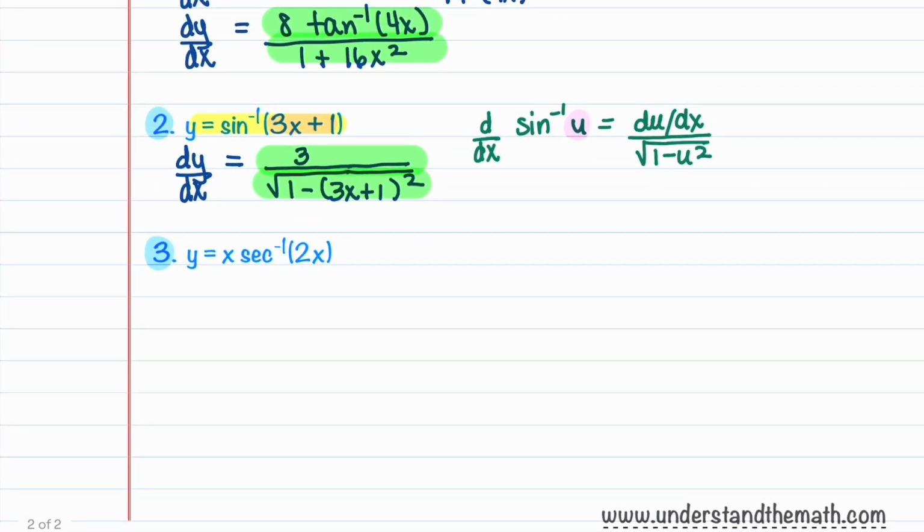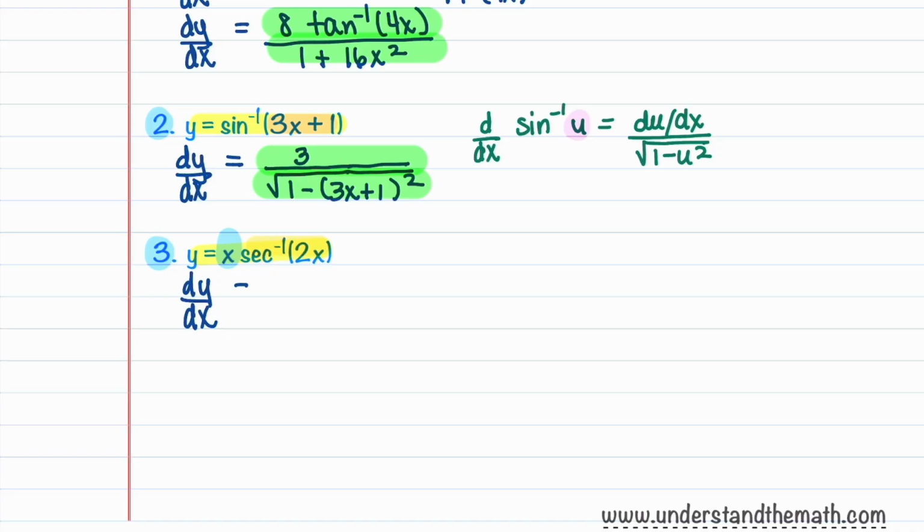We are going to take the derivative of the function y is equal to x times inverse secant of 2x. On the left, we are going to have dy/dx. And then notice that we have two functions here on the right. We have an x and we have an inverse secant of 2x.